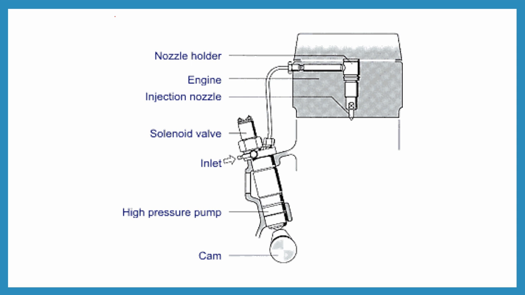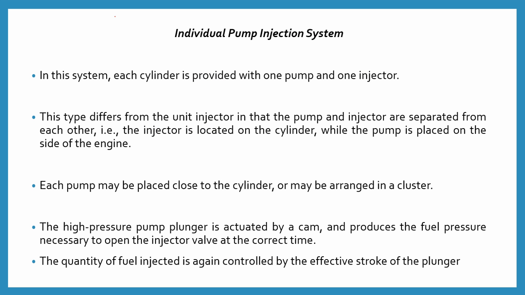Now coming to another type of injection system, which is called the individual pump injection system. In this type, each cylinder is provided with one pump and one injector. That's why this system is called an individual pump injection system.